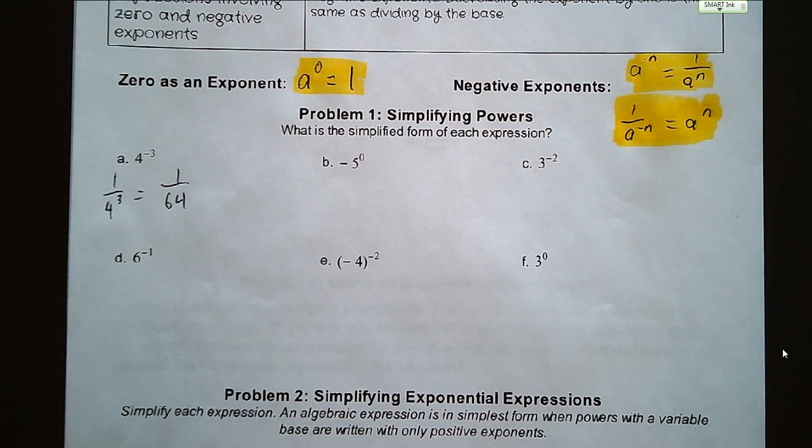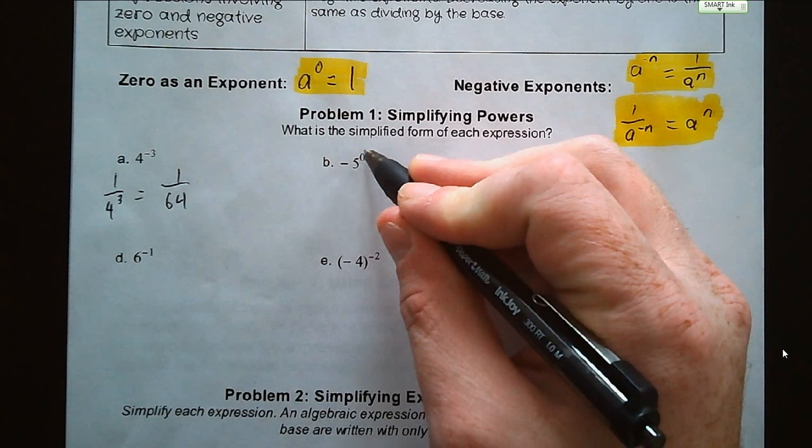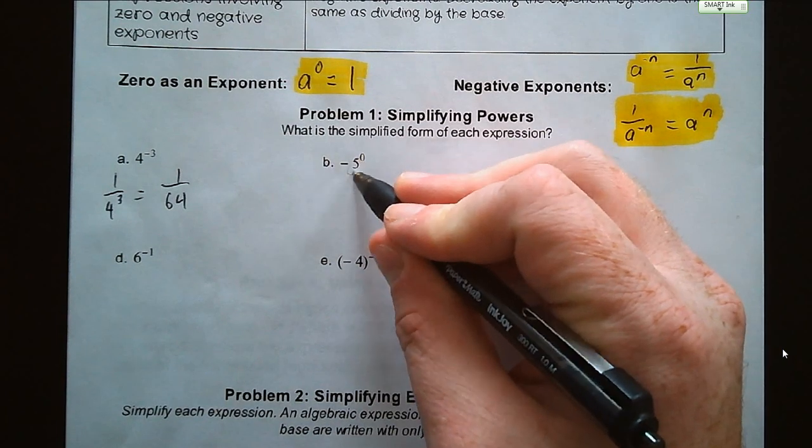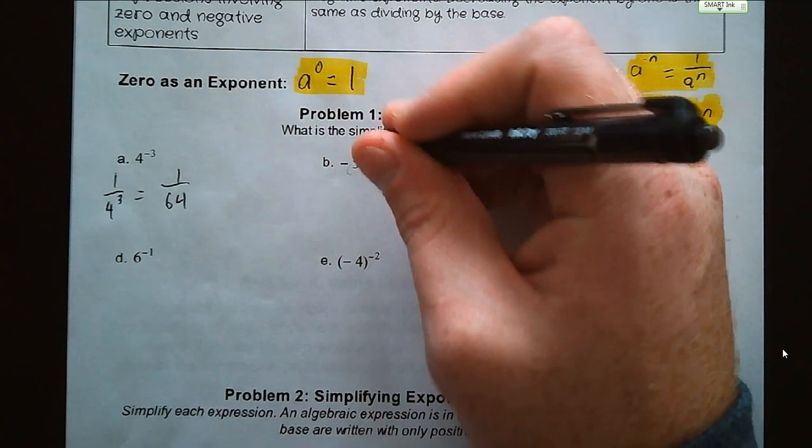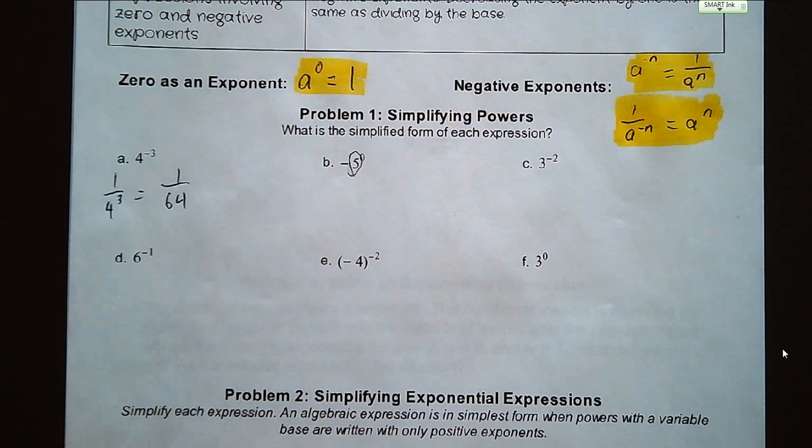Now we have negative 5 to the 0 power. Notice there are no parentheses around this negative. That means the only thing that 0 exponent is attached to is the 5 and not the negative sign in front of it.